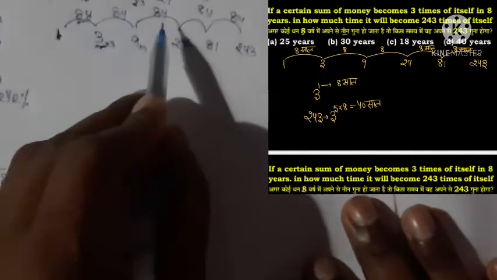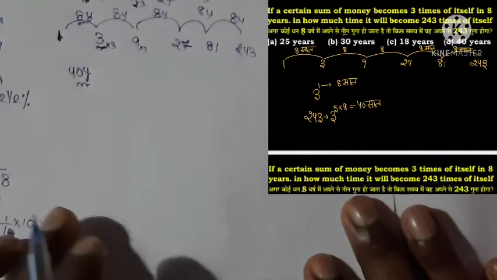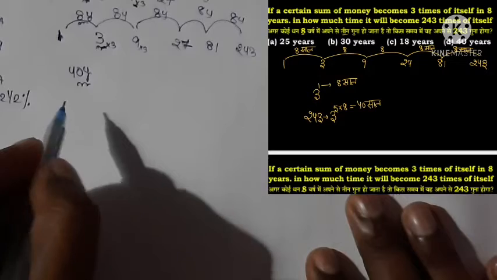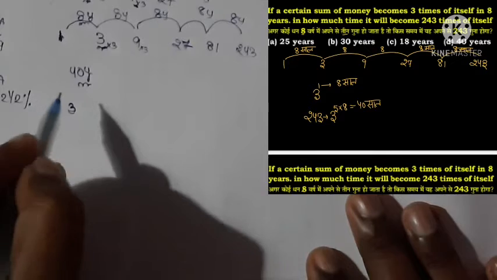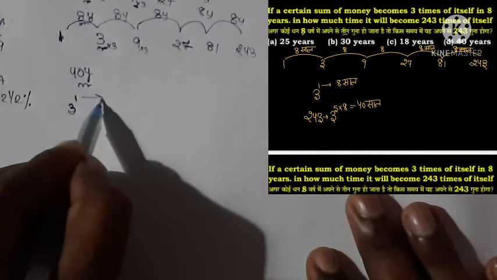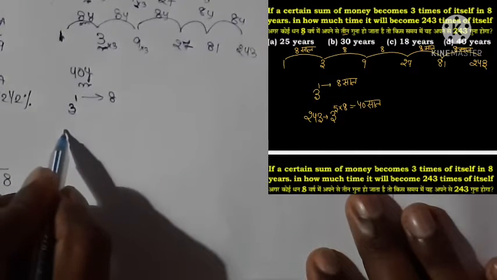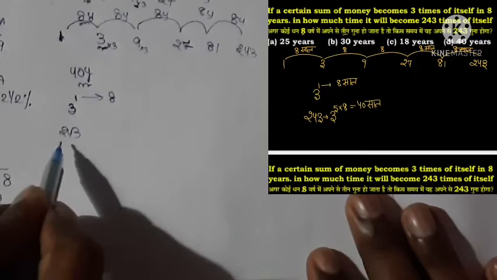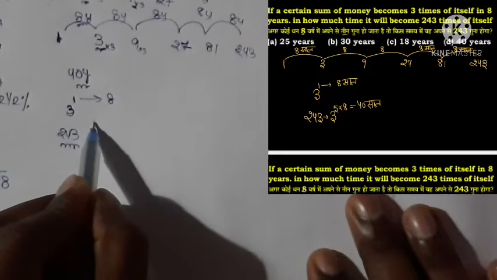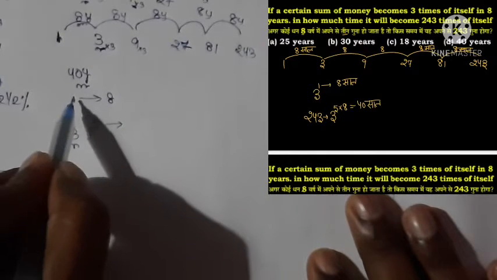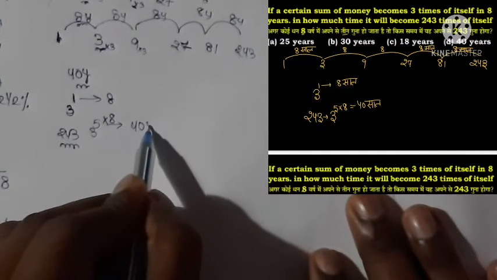So 8 plus 8 plus 8 plus 8 plus 8, total 40 years. So the sum of money becomes 3 times of itself, that is 3 power 1 in 8 years. So it becomes 243 times. Write 243 as 3 power 5. So for 1 it is 8 years, for 5 into 8, the value is 40 years.